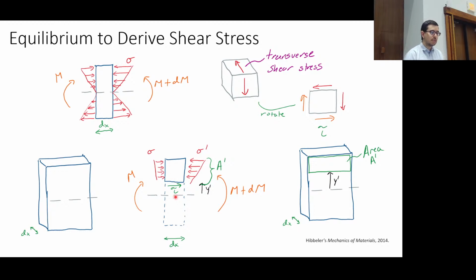I'm sorry, I misspoke previously. I get confused too, especially during these tricky times. This a prime is actually the width, not the dx width, but this t width. It's this area. This shear stress is acting on the bottom, coming out in the dx direction, and there are bending stresses, sigma and sigma prime, involved here.